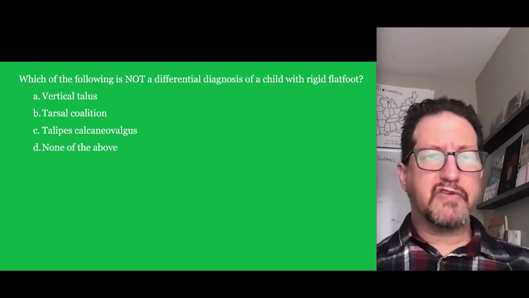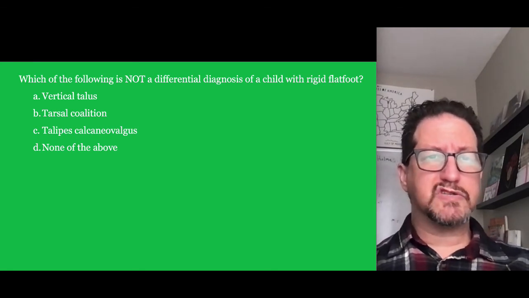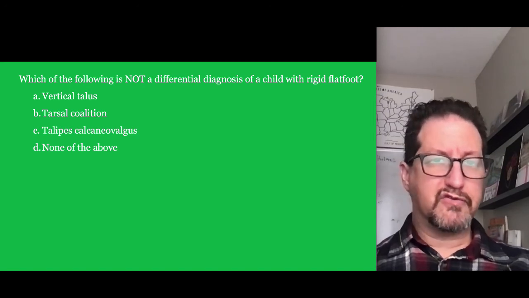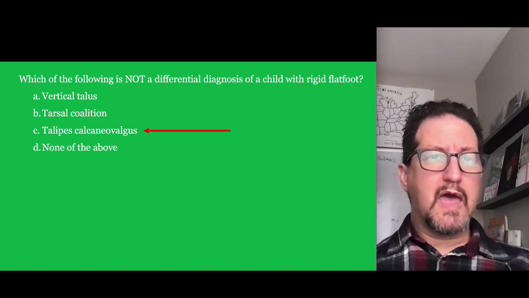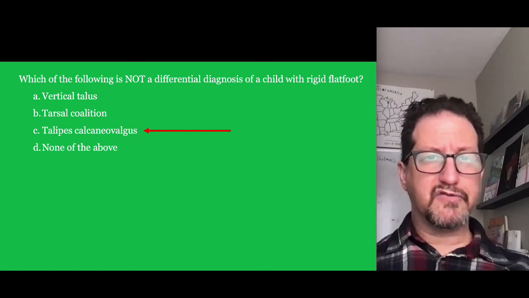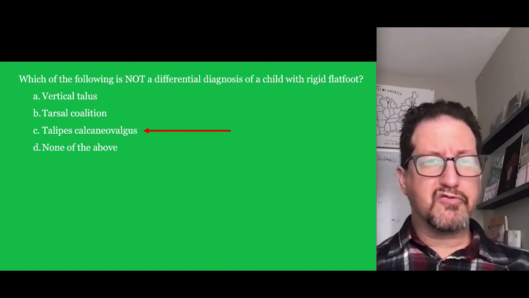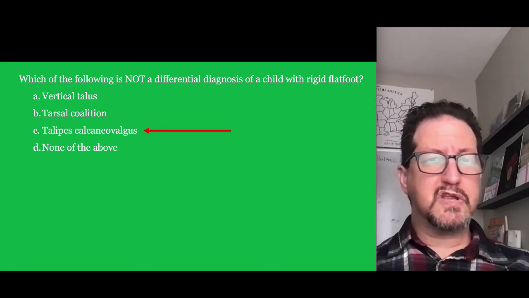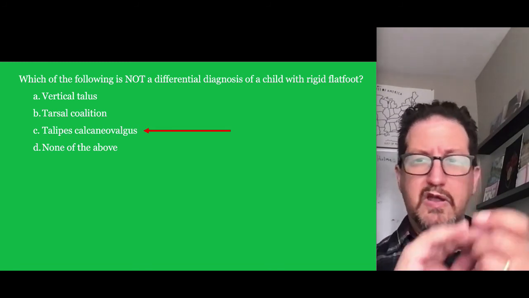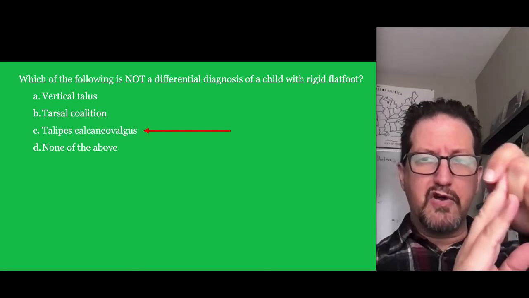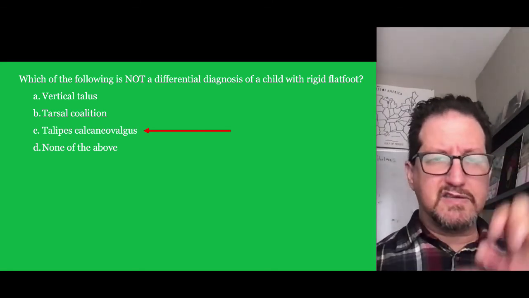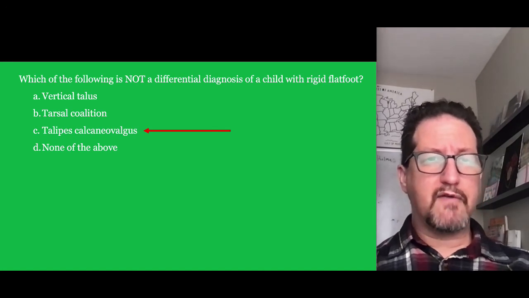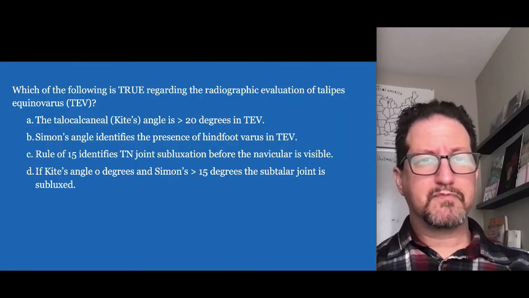So vertical talus and tarsal coalitions are both rigid flat foot deformities. And Talipes calcaneovalgus is a very flexible one. That's the one where the foot has an up and out position, highly flexible. You can actually take the foot and move it up against the tibia. So there's your answer. Obviously not none of the above.